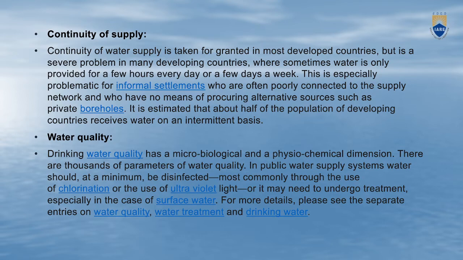In public water supply systems, water should, at a minimum, be disinfected, most commonly through the use of chlorination or the use of ultraviolet light, or it may need to undergo treatment, especially in the case of surface water. For more details, please see the separate entries on water quality, water treatment, and drinking water.